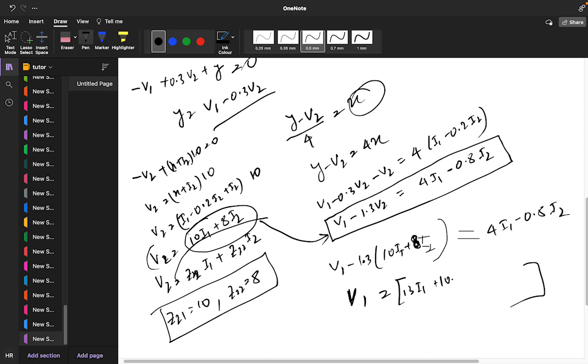This will be 10.4 I2 plus 4 I1 minus 0.8 I2. So V1 is equal to 13 I1 plus 4 I1, 17 I1, and 10.4 minus 0.8.